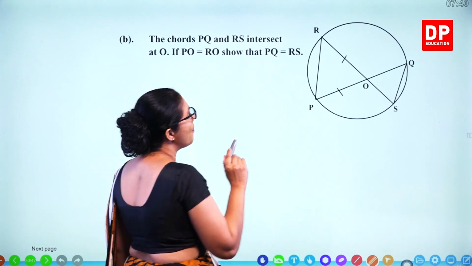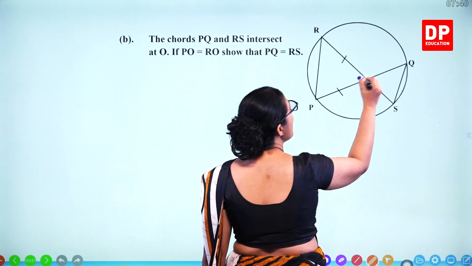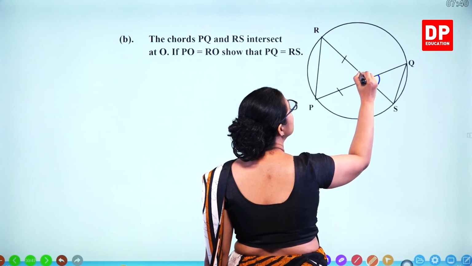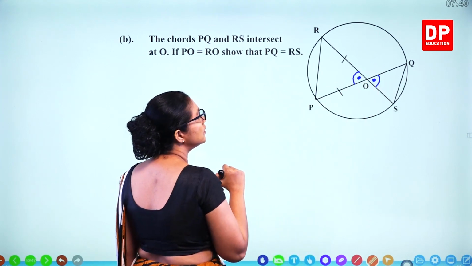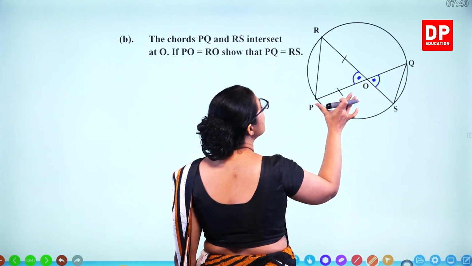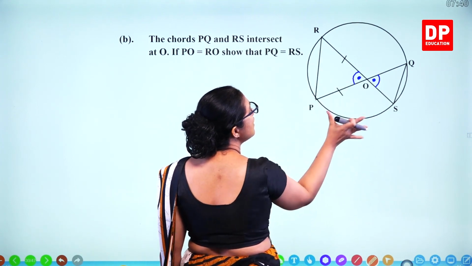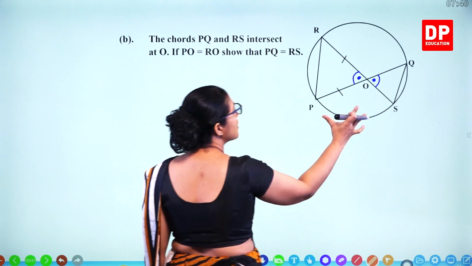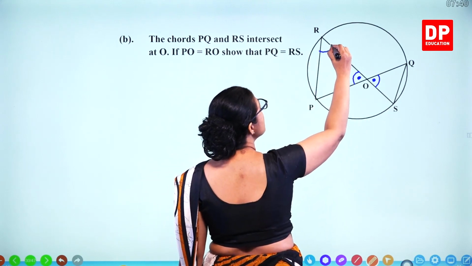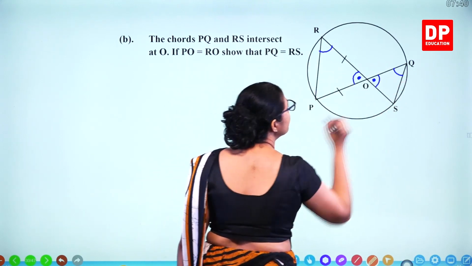Now, what do you know about this? So, these two angles are equal. And what can you say about this angle and this angle with the PS arc? Same segment angles are equal.